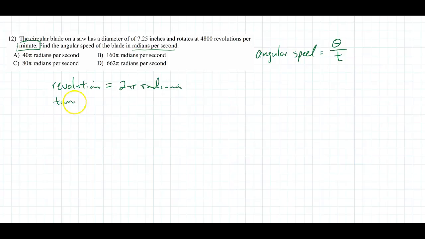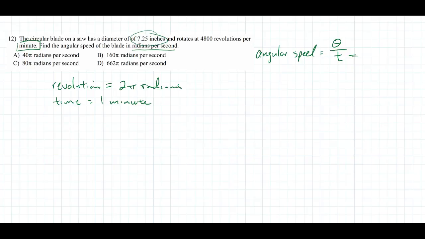We know the time it took was 1 minute, and we were able to do 4,800 revolutions in that 1 minute. So this 7.25 inches matters not at all to us in this case, okay? Because all we care about is the angle and the time, which we have, or at least we can find these two things.